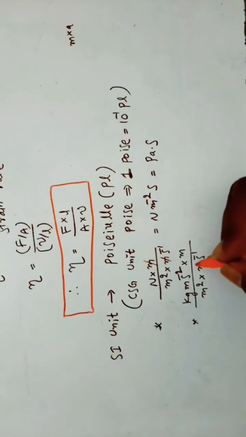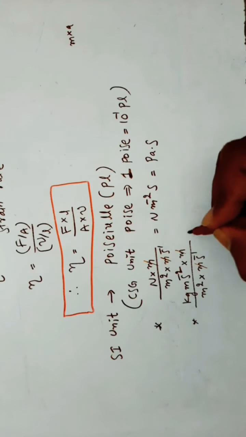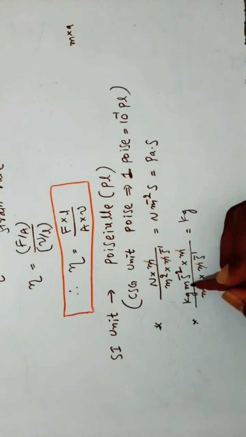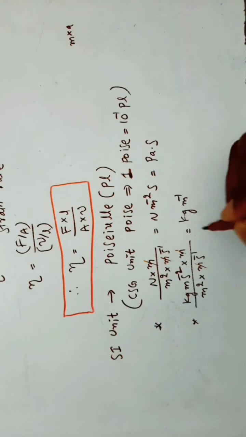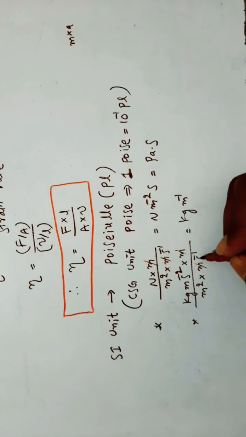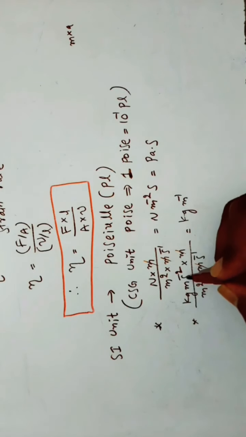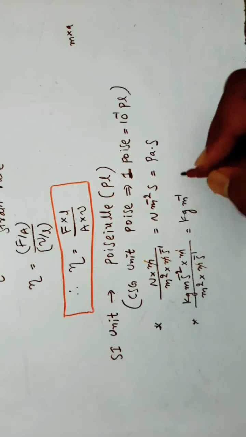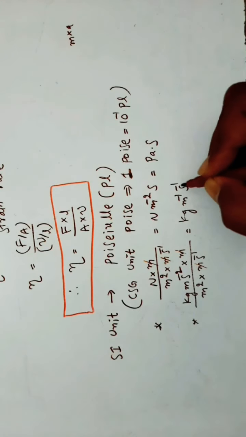So here meter cancels, so we can write kg per meter per second.